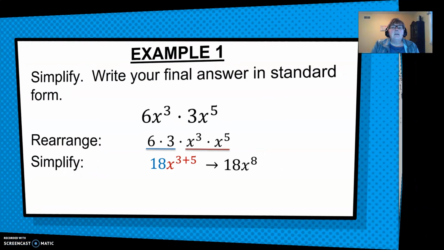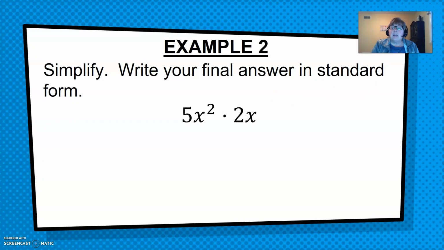All right, example 2. Same type of problem. I'm going to rearrange it first because those are four things that are being multiplied together. So I put the numbers together and the x terms together. So when I rearrange, I get 5 times 2 times x squared times x.